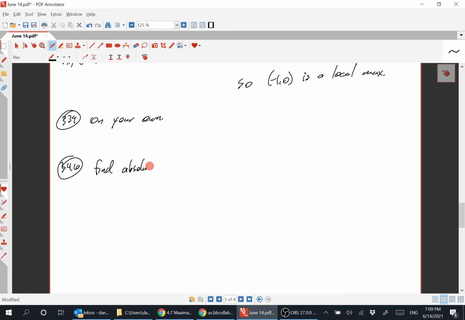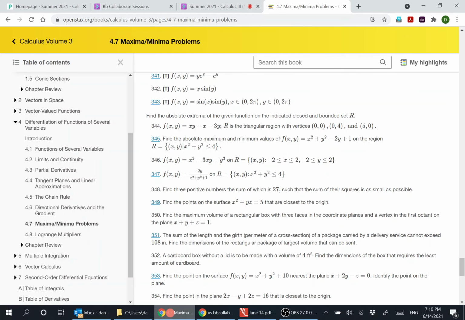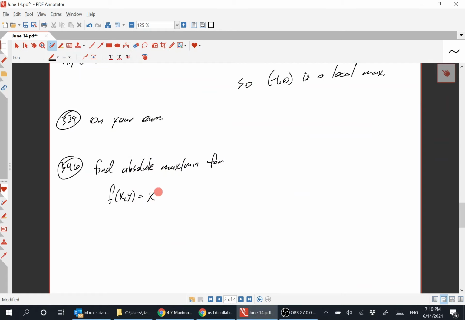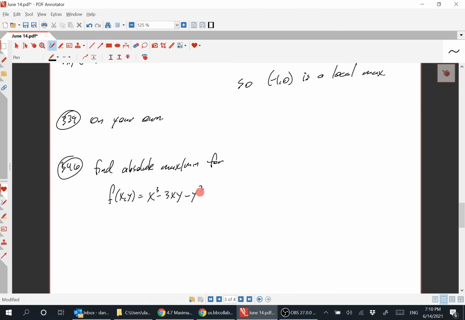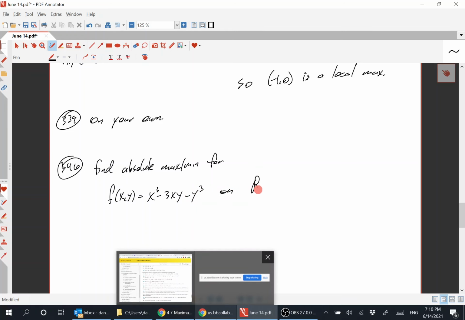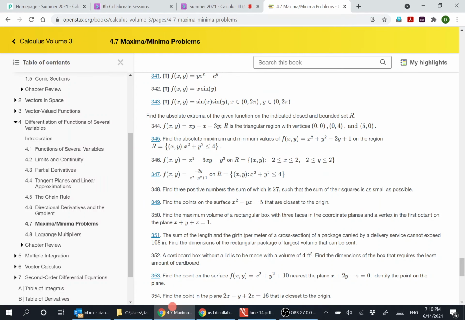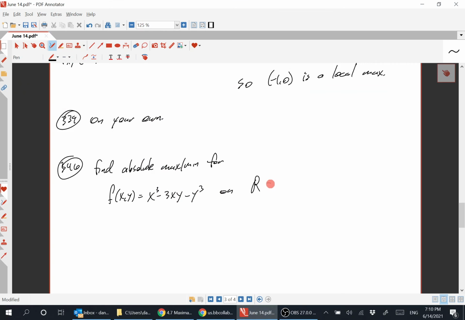So find absolute max and min for f(x, y) equals x to the third minus 3xy minus y to the third, on the region defined by, so that's the square defined by x going from minus 2 to 2 and y going from minus 2 to 2.